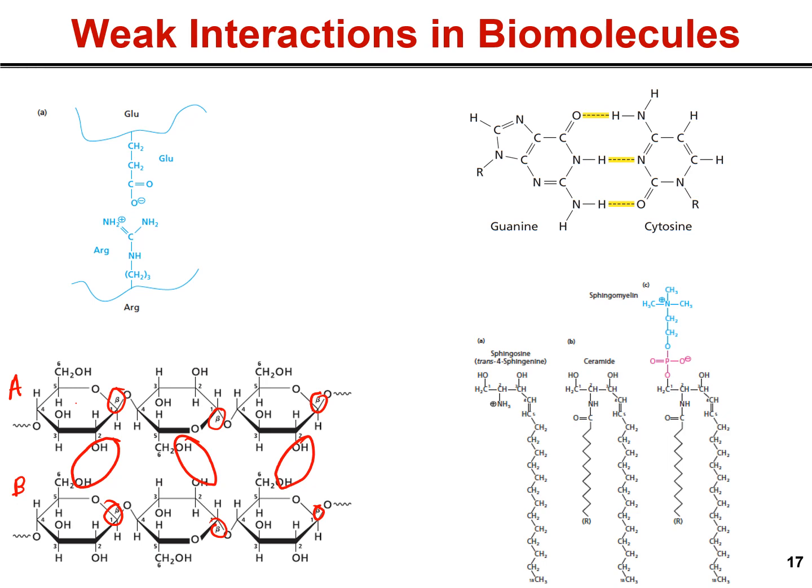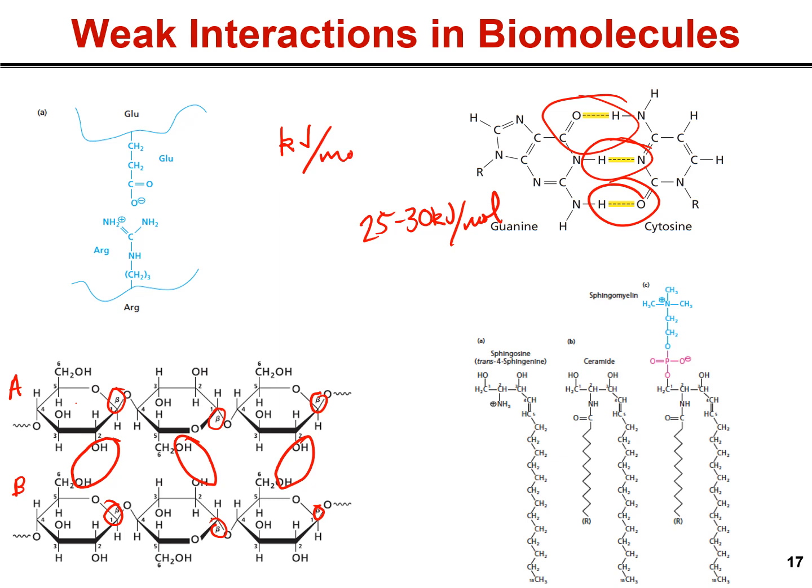We also see hydrogen bonding in DNA. We've got hydrogen bonding here, here, here, and here. And so our hydrogen bonds, if I remember correctly, are approximately 25 to 30 kilojoules per mole, which let's look at that unit for a second. This is kilojoules per mole.